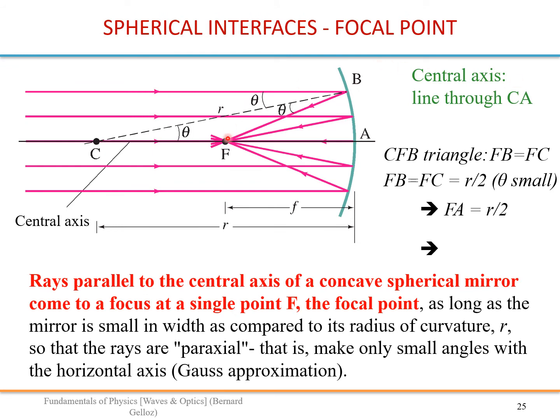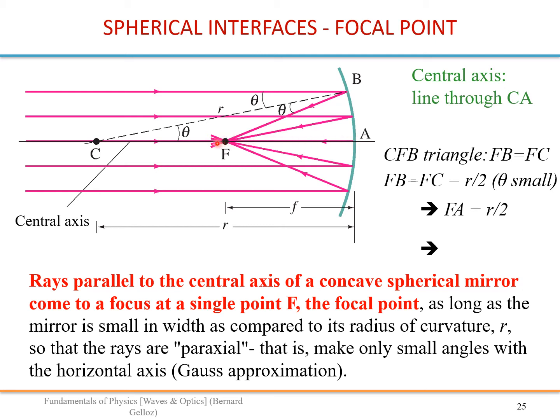Let's find out the position of that point F. So, considering the CFB triangle, because theta is very small, you can say that theta is almost 0. In such a case, if theta equals 0, you have FC equal to FB, because theta is extremely small, and FB is also equal to FA.